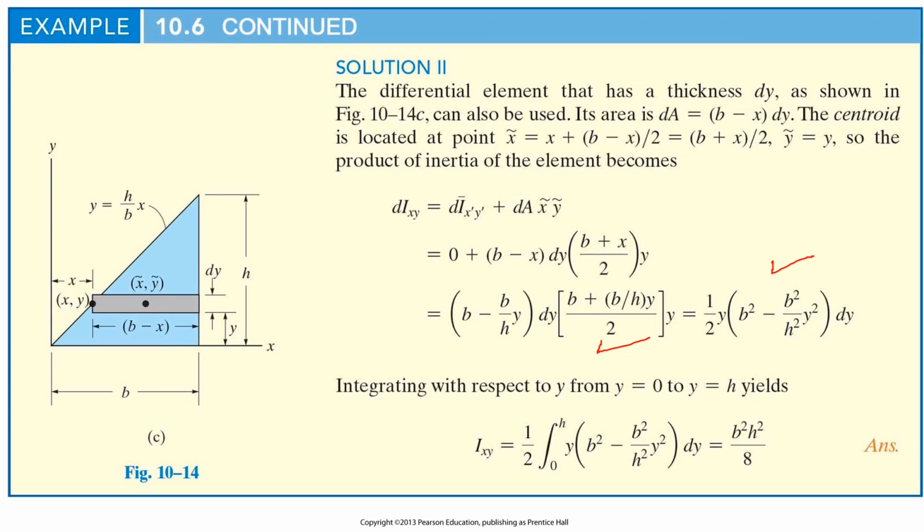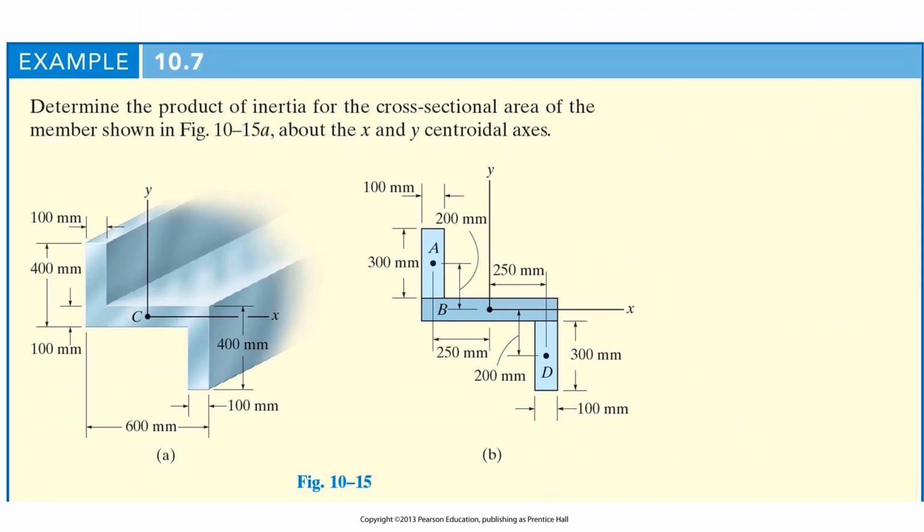Let's skip solution 2. It's tedious math. Same idea. You'll notice Ix'y' is 0, just like before. It's just these center of mass expressions are a lot harder. Do it the easy way if you can.